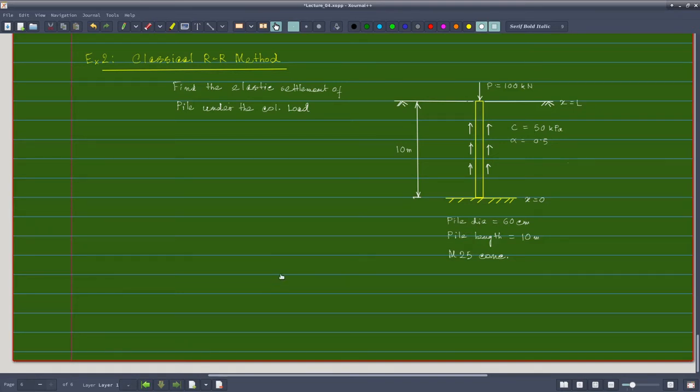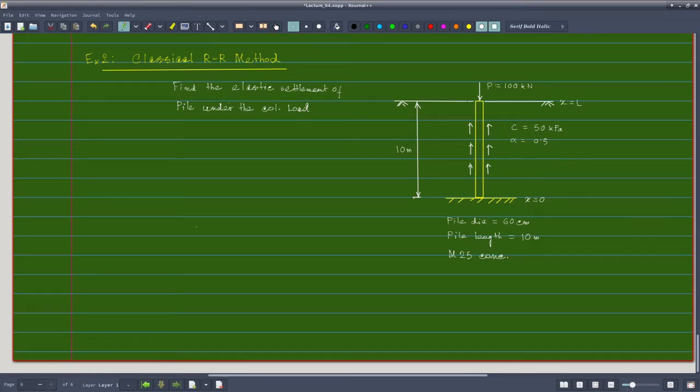And now let us solve it. We are assuming M25 concrete. So from IS 456 I can have the E value of the concrete. Okay, and therefore now let us do the initial calculations before we actually go for the Rayleigh-Ritz method.